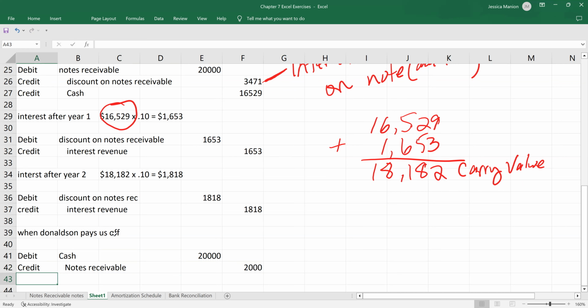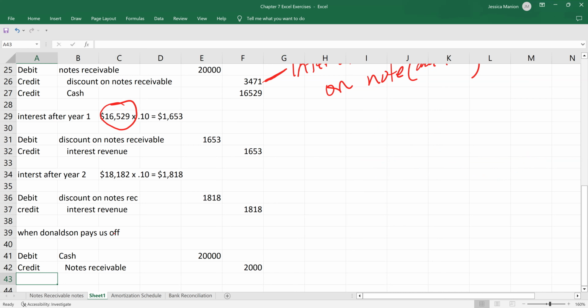And again, our carrying value would be at 20,000 at that time, because if we take our initial, I'm just going to erase this so I can show you the math again. So if we take our initial 16,529 plus then we amortize the interest. We charged interest of 1,653 year one.